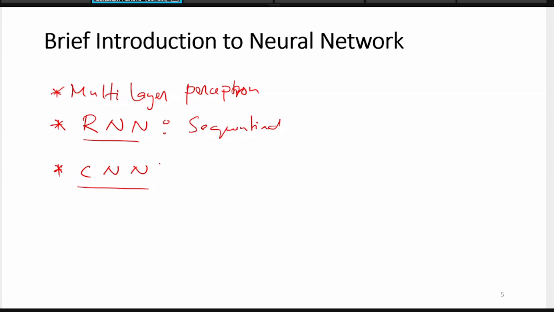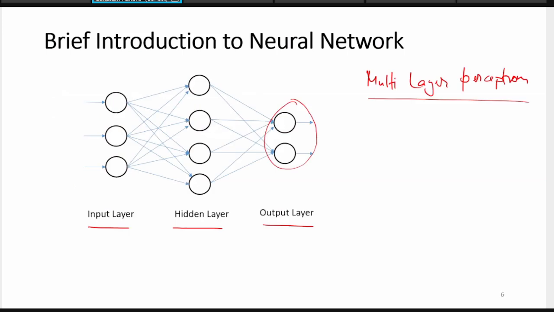These are the 3 basic components of neural networks, and most advanced neural networks are combinations of these 3.